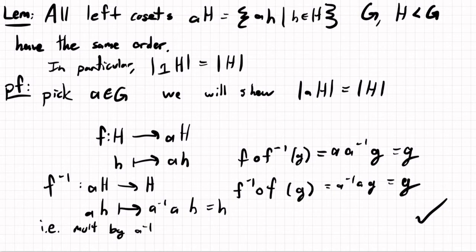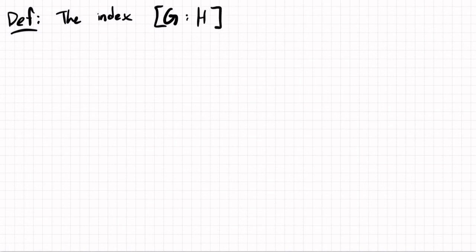So now that we've proved this theorem, we can define the index. The way it works is you have the big group G and then the subgroup H, and we write it like this with the brackets like this.